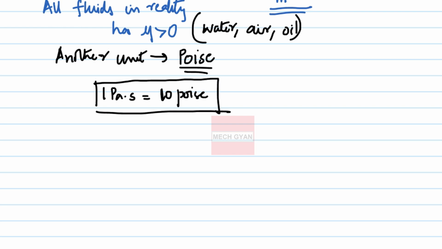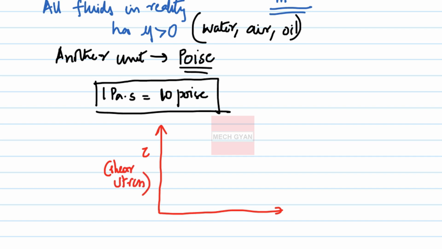So let's draw a curve between shear stress and rate of deformation. On the y-axis let it be shear stress and on the x-axis let it be deformation, or du by dy. We know that shear stress is directly proportional to rate of deformation or velocity gradient, so this will be a linear variation.